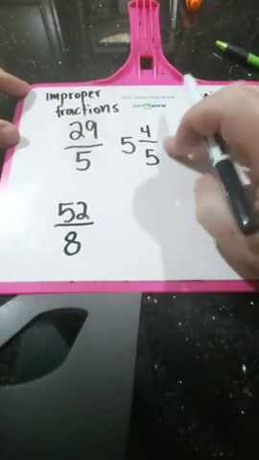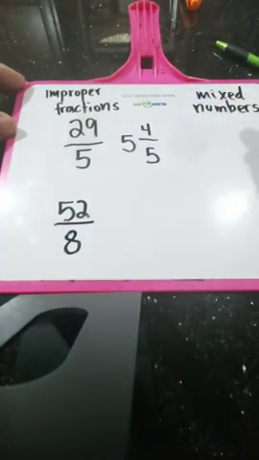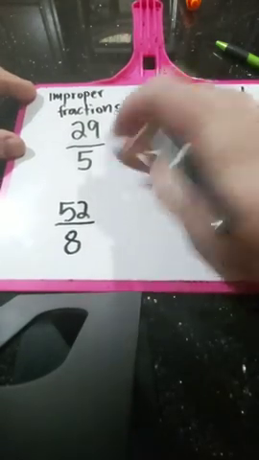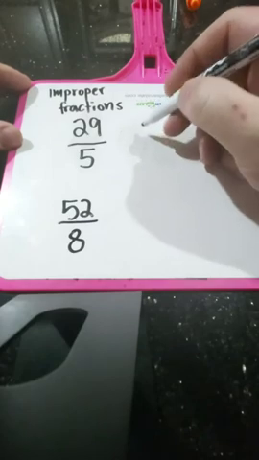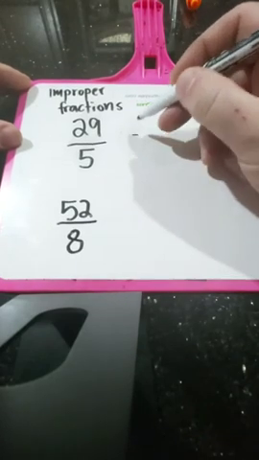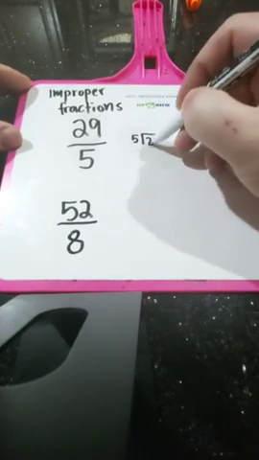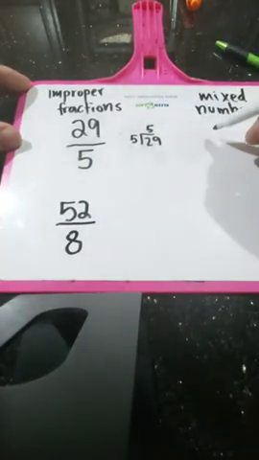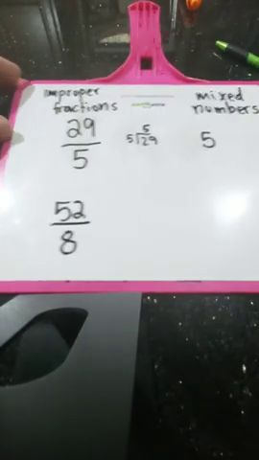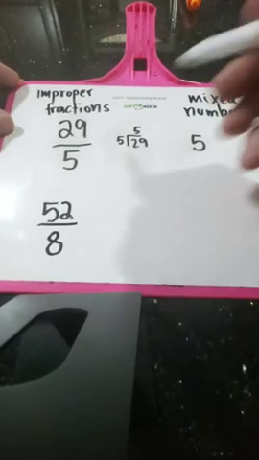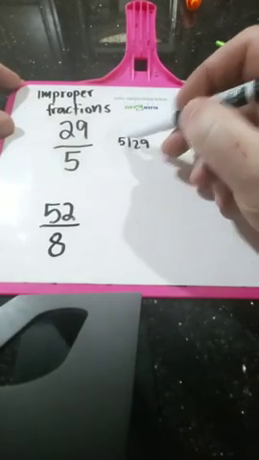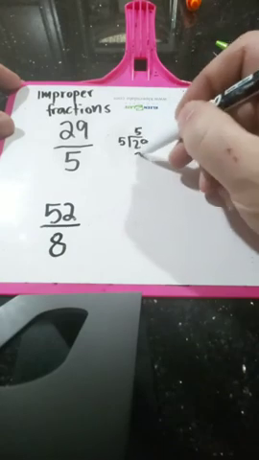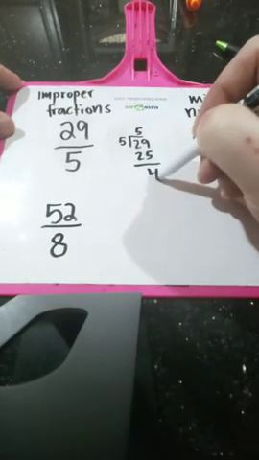Okay? So again, just so you guys don't get confused, the first step there was to basically do this. We said, how many times can 5 go into 29 without going over? And that answer ended up being 5. So we put our 5 over here as the whole number on our mixed number. Okay? 5 times 5 is 25 with 4 left over.